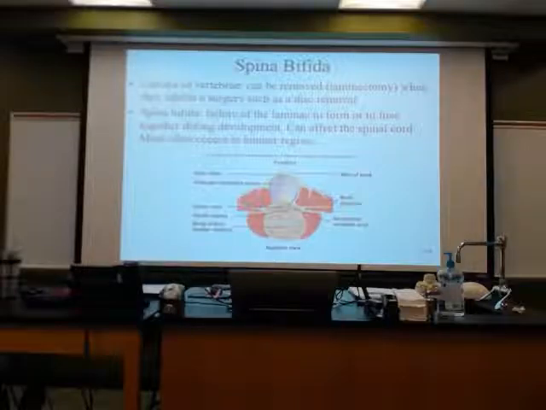Because what can happen is in the formation of these vertebrae, the lamina, okay, basically spina bifida, they fail to form or they fail to fuse. And what this does, it allows for the fluid surrounding the spinal cord to project out. Children who are born with it can actually be paralyzed their entire life. Yeah, so it's a pretty hefty problem.